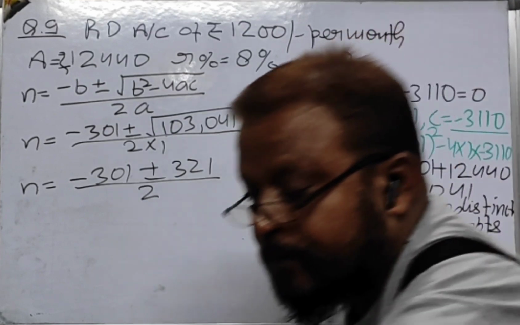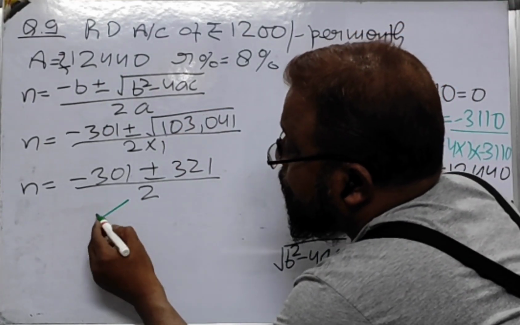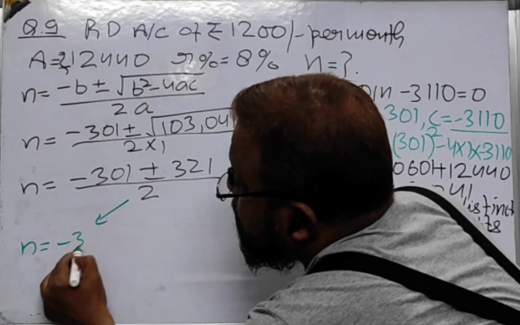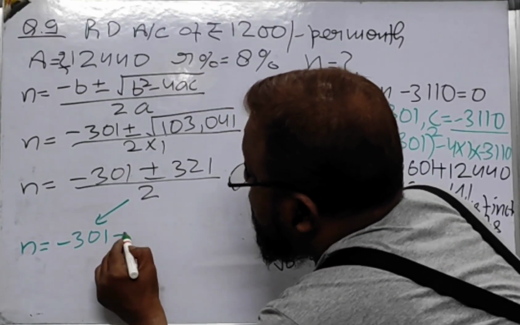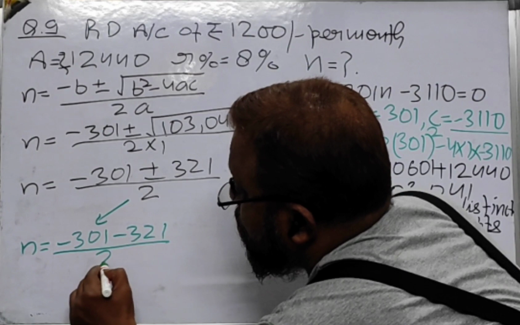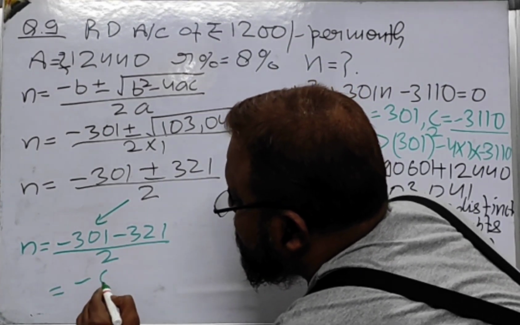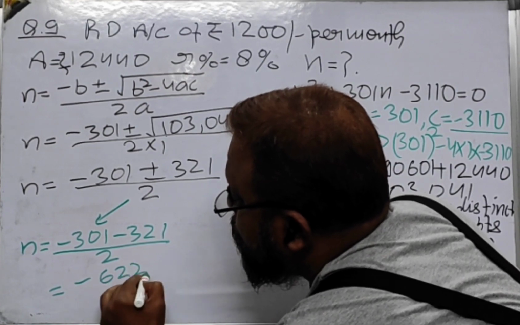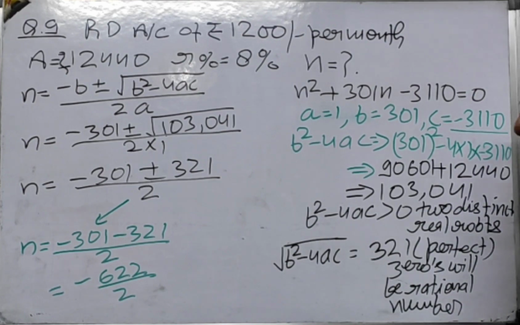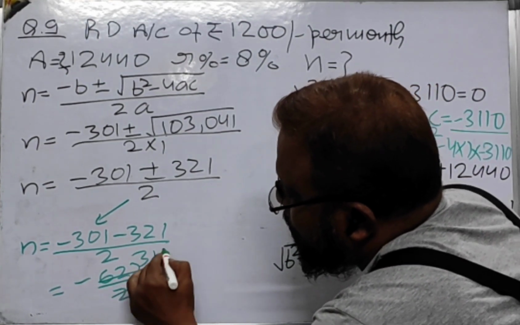Now we will bifurcate. First we take n is equal to minus 301 minus 321 upon 2. So how much do you get? Minus 622 upon 2, which is minus 311.